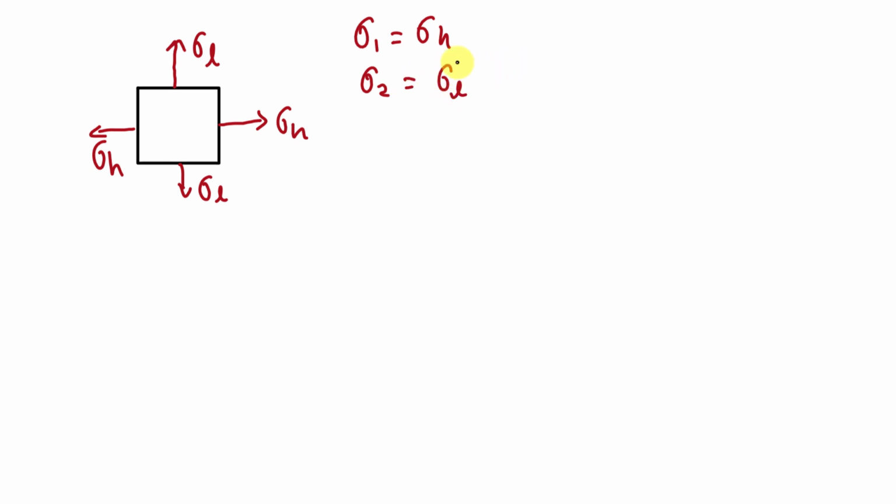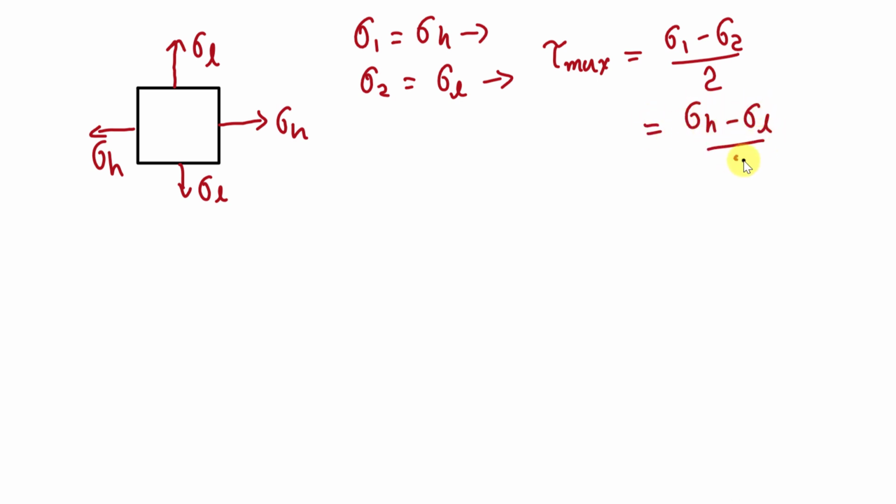Now let's say you want to find tau maximum for this cylindrical pressure vessel. How can we find it? We know the equation of tau maximum for 2D loading condition that we have discussed in chapter 7. That is (sigma 1 minus sigma 2) by 2. Here sigma 1 is sigma H and sigma 2 is sigma L, so it is (sigma H minus sigma L) by 2.